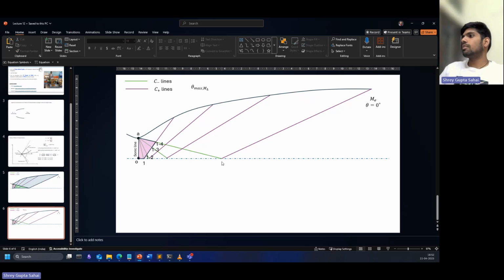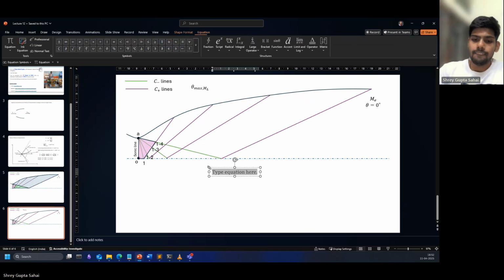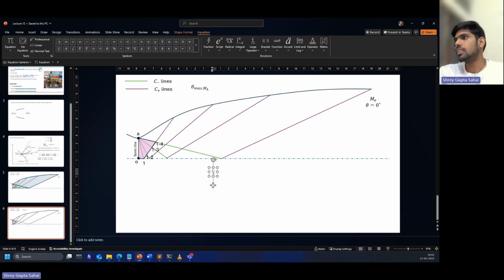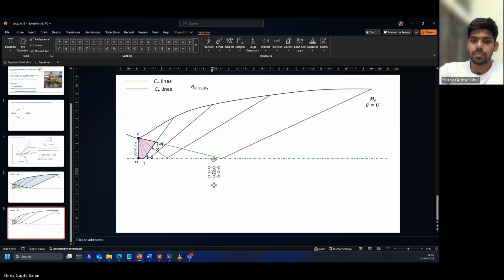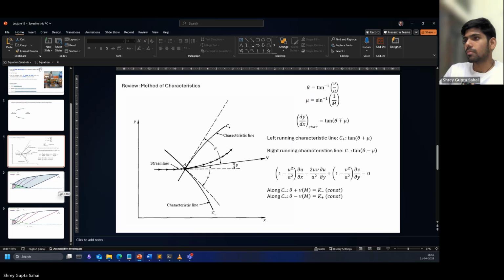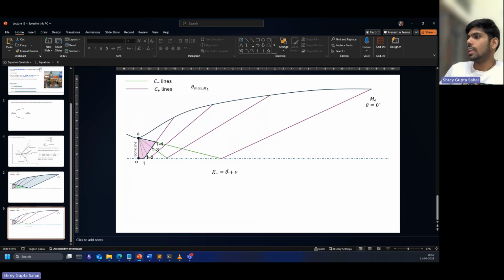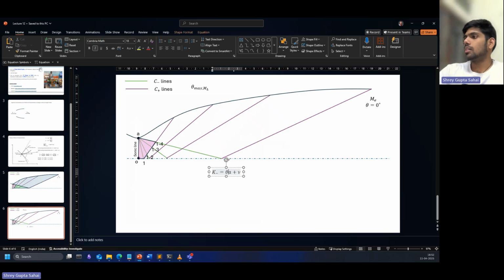So along these lines, if I mark this as some point, you see that along this line, which is a C minus line, K minus is going to be constant. So theta plus nu is a constant.